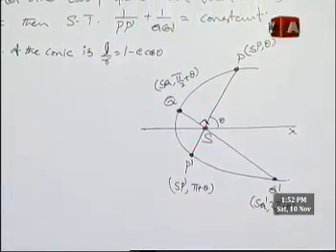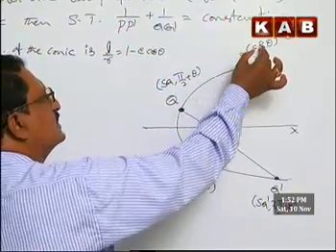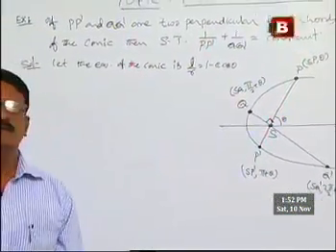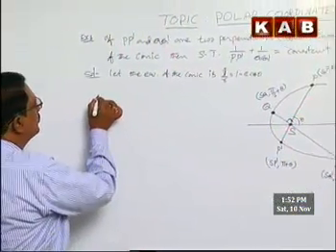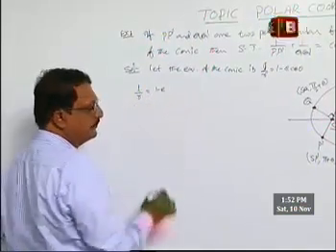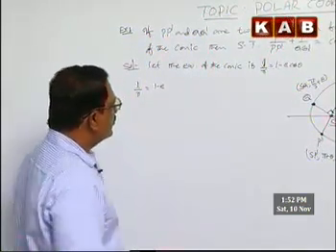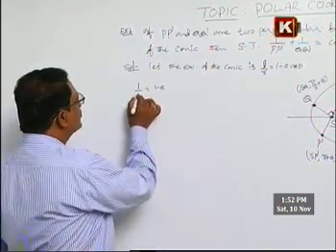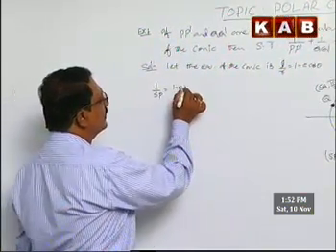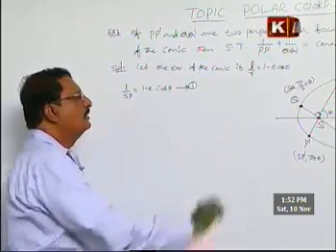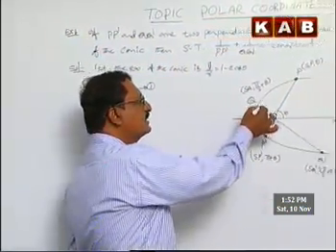Now, the point P, SP comma theta lies on the conic L by R equals to 1 minus E cos theta. Here the value of R equals to SP. L by SP equals to 1 minus E cos theta. It is considered equation 1. The point Q also lies on the conic.